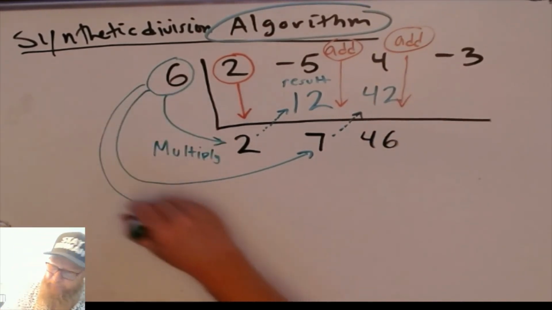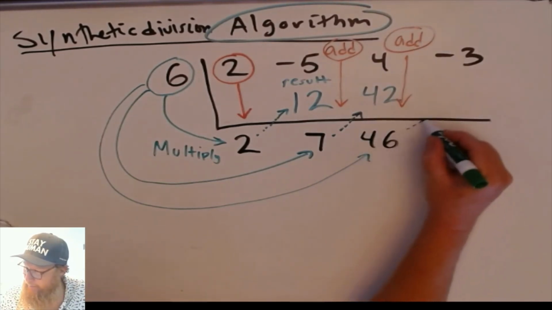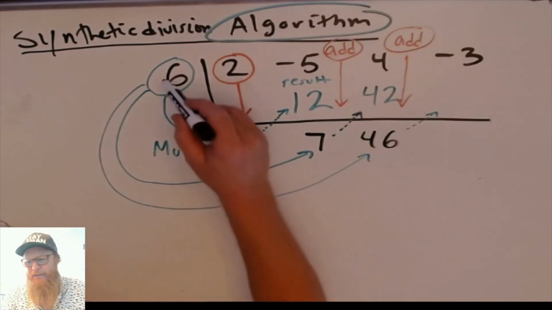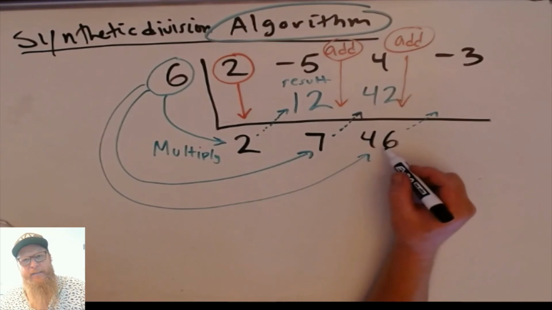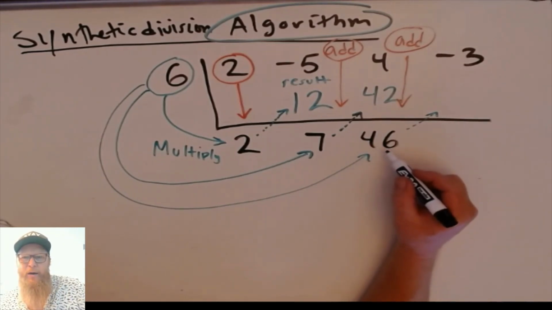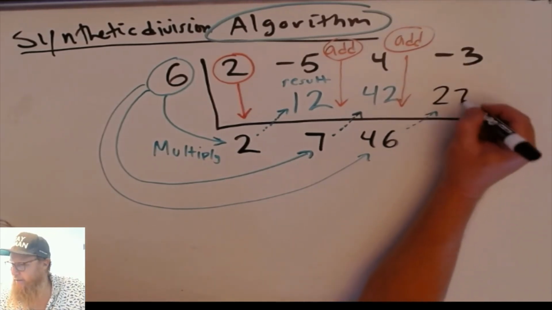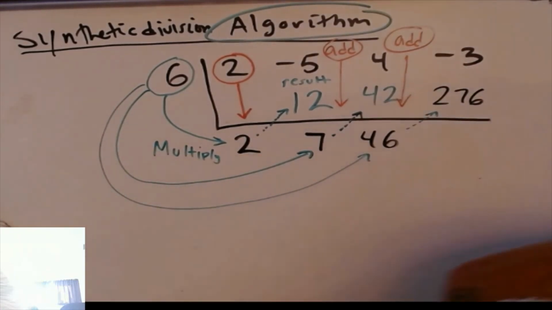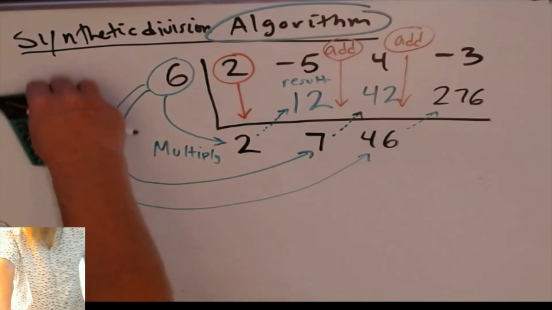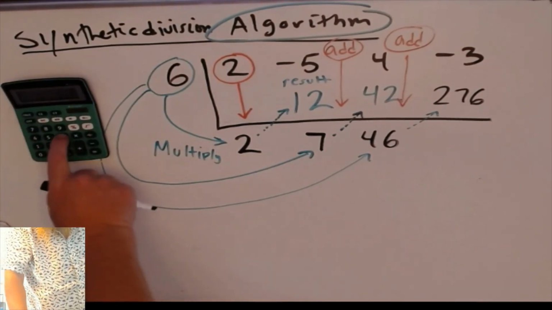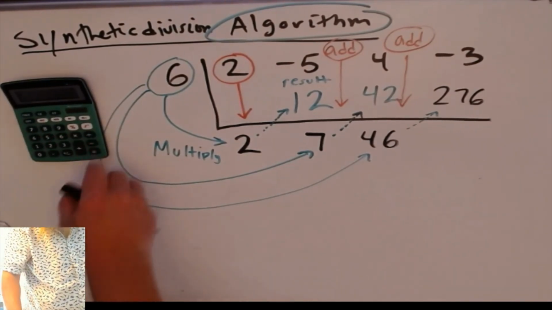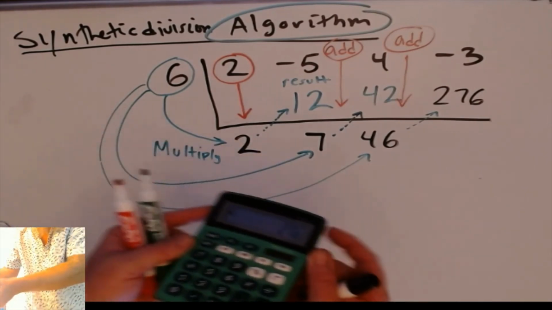Then you multiply again. 6 times 46, oh man, 276. I just guessed. Let's see if I'm right. 6 times 46, 276. Yeah.